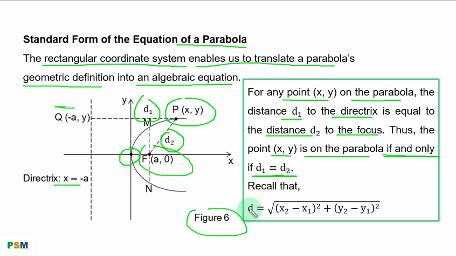Recall that D, the distance between any 2 points, is given by this relation. So we are going to derive the standard form of the equation of a parabola using this relation.